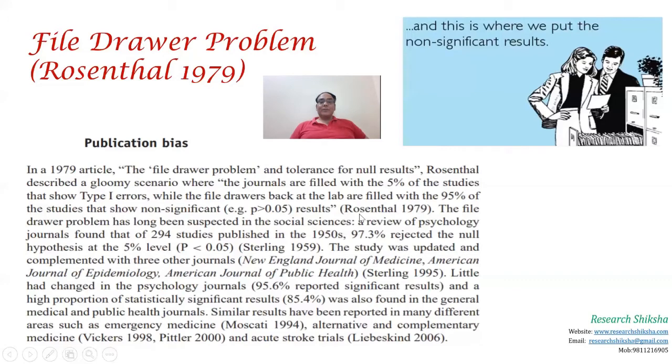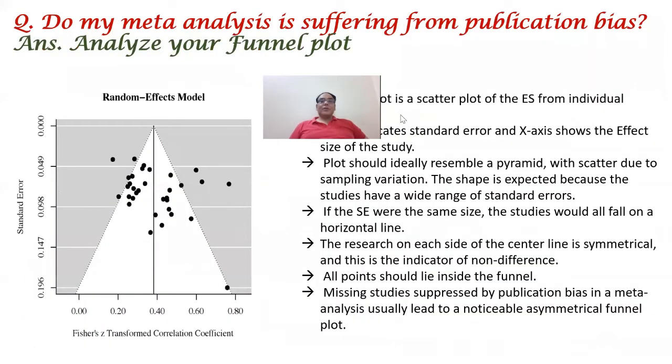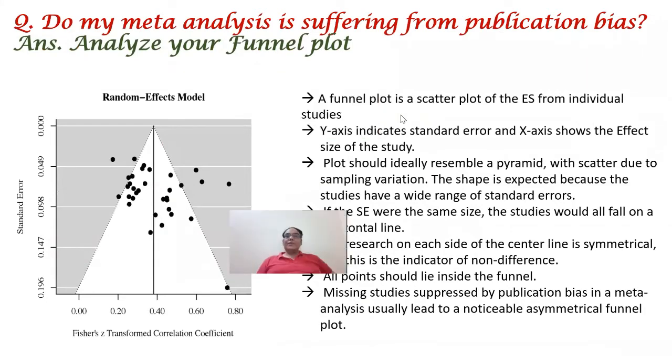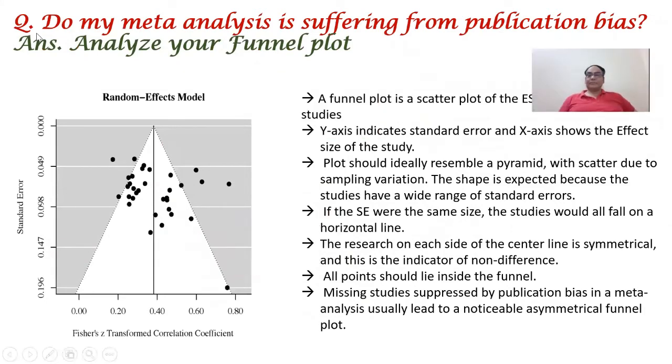So this is the most important statement by Rothenzel, that 95% of the studies which are non-significant are there in the drawers, and 5% of the studies which have significant results are published by the journals. So this problem is known as the file drawer problem, which leads to biasness in most of the meta-analysis results. Okay. Now the problem is how to measure these results. Now you read the question.